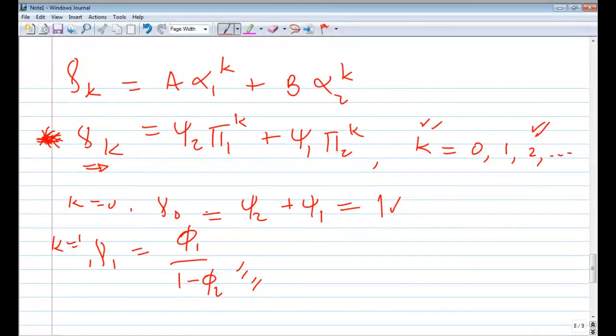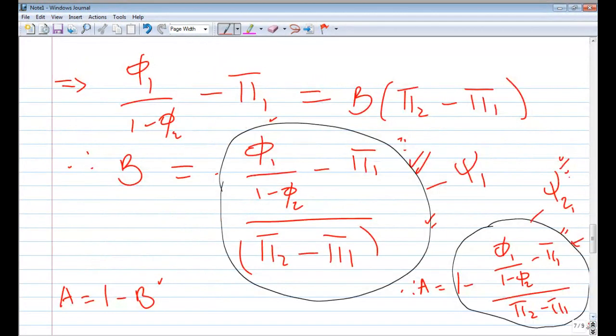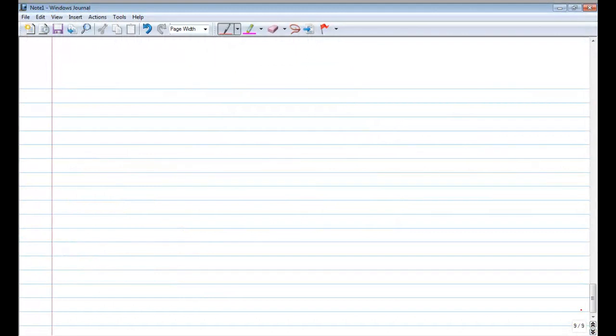Okay, let's take this one now and see. Example 3.9.2 from the lecture notes, page 33.